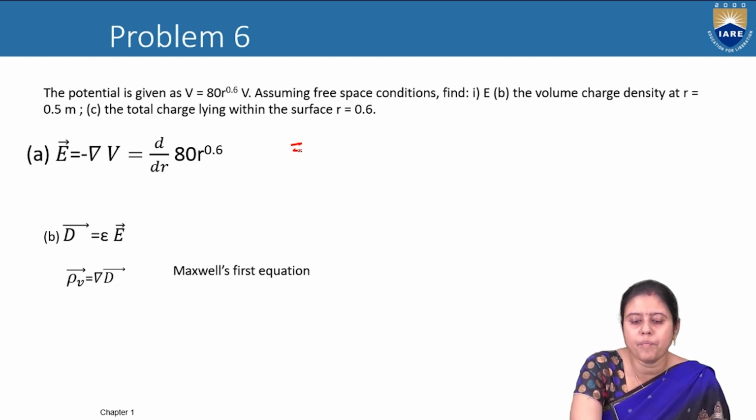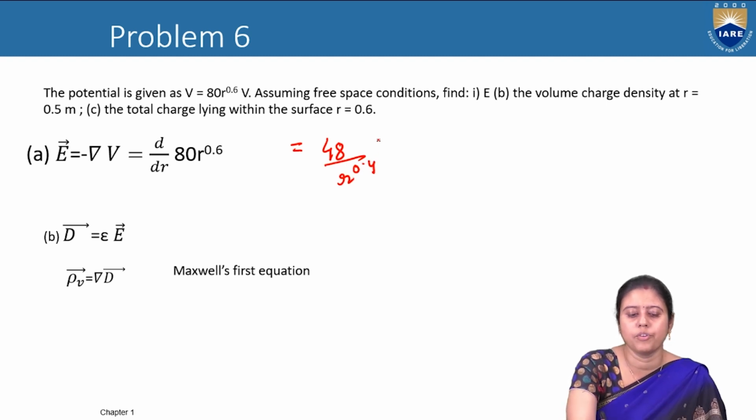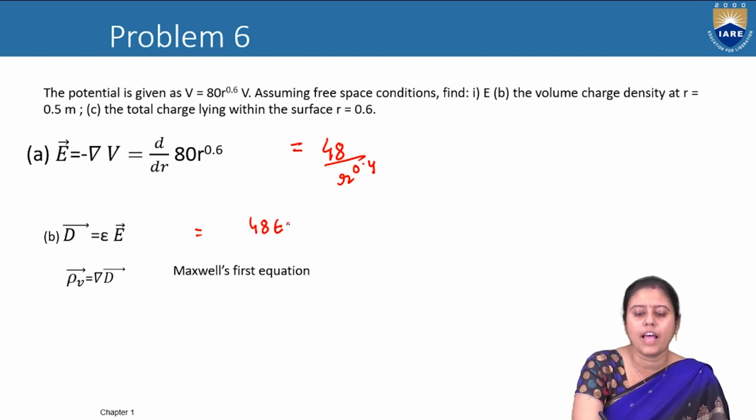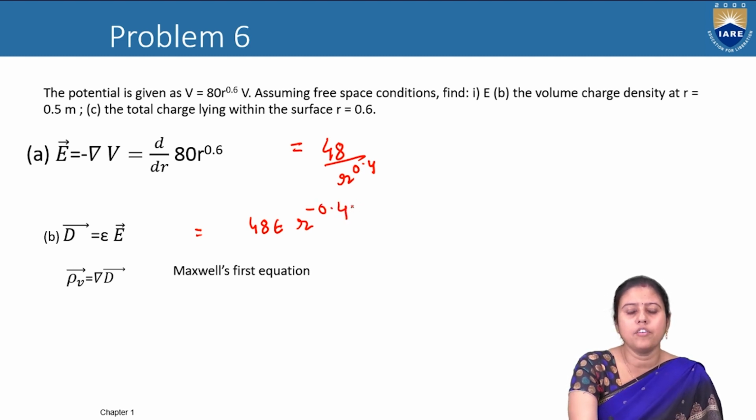So what is the value of E we got? E we got 48 divided by R to the power 0.4. So D is equal to 48 epsilon R to the power minus 0.4. What is the value of rho V?